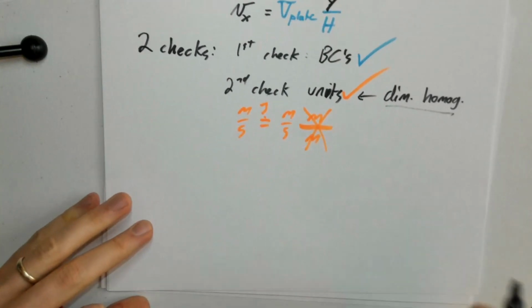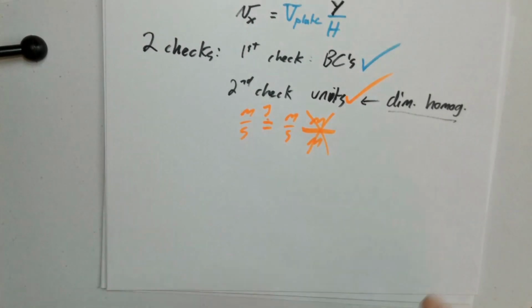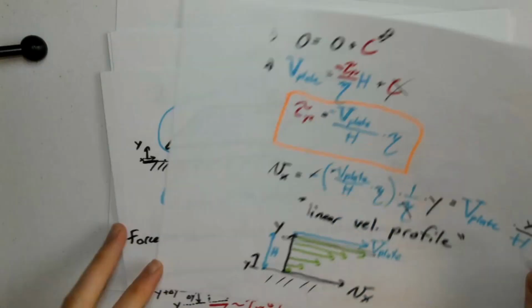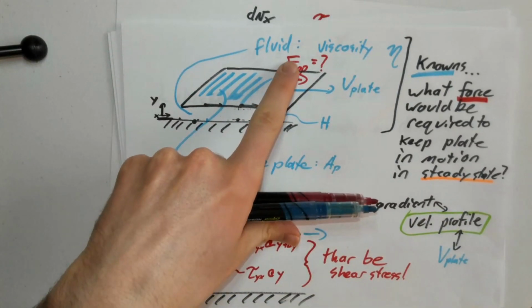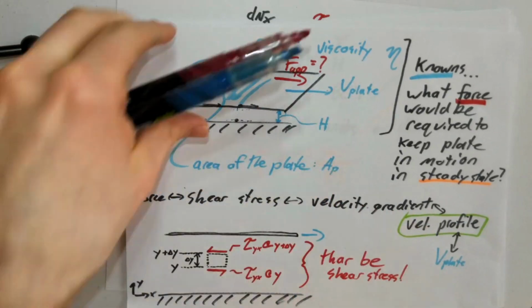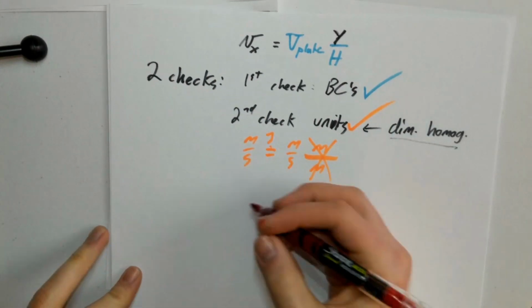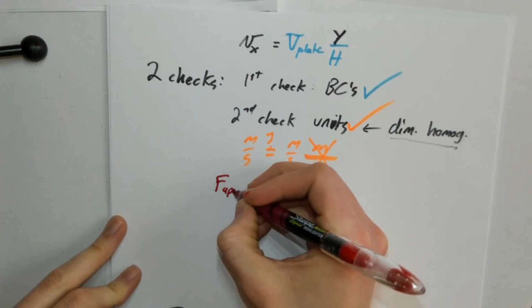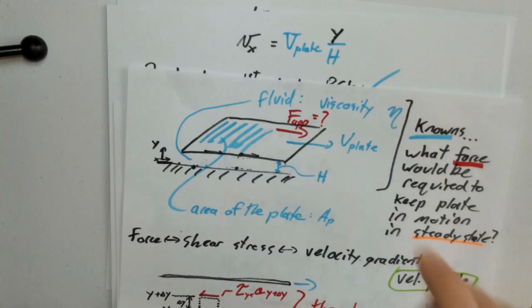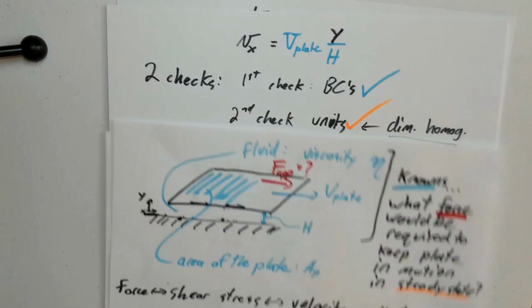Now, let's work out our overall goal, which, if you recall, was to determine what force we need to apply to this plate in order to sustain the plate with some velocity, v plate. The force that we're applying to this plate must essentially counteract the shear stress on the bottom of this plate, right?